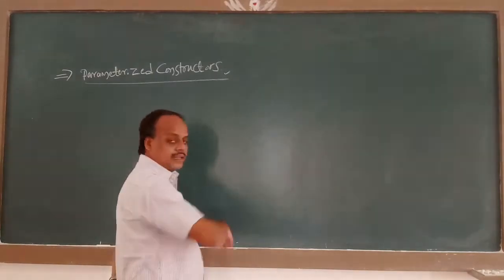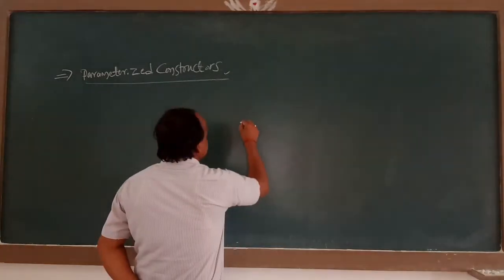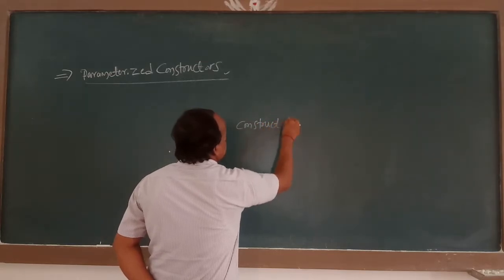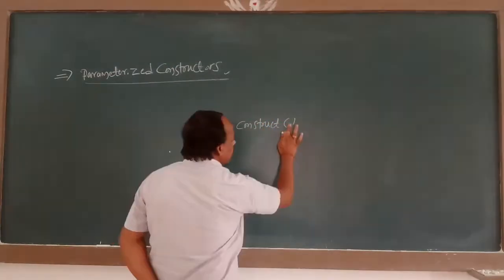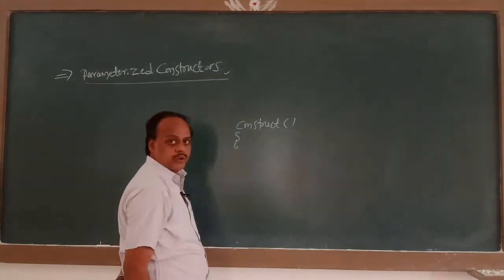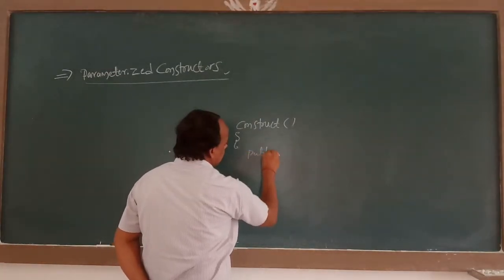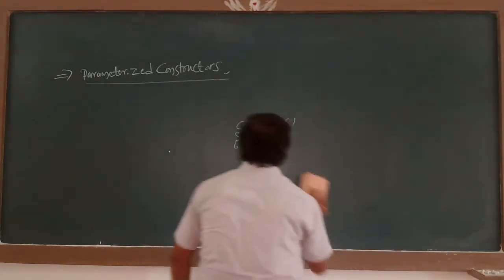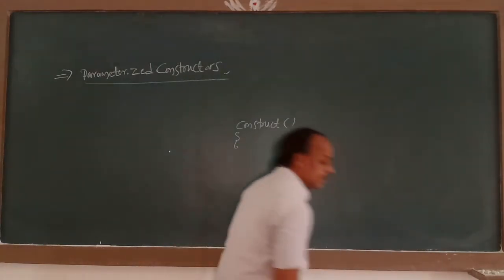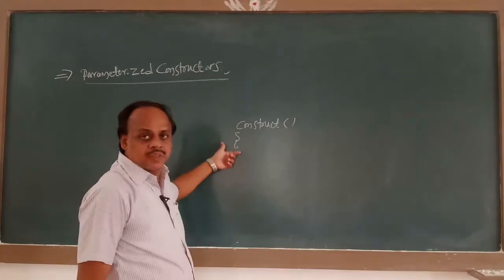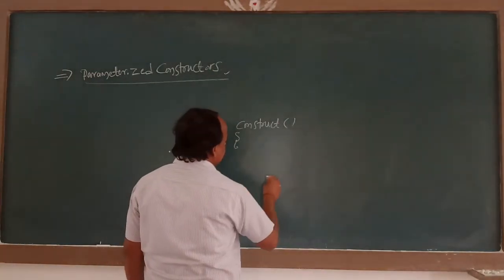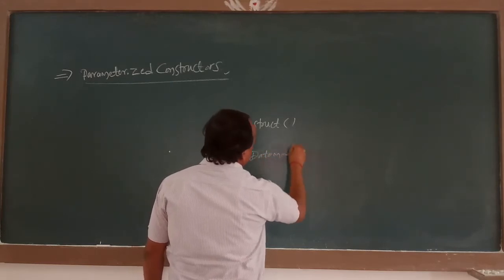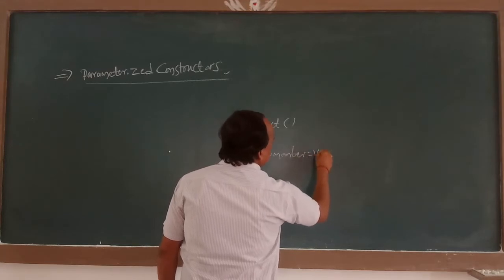Let us consider its declaration: a constructor without any argument, mainly used to initialize values to data members, where a data member is set equal to some value.